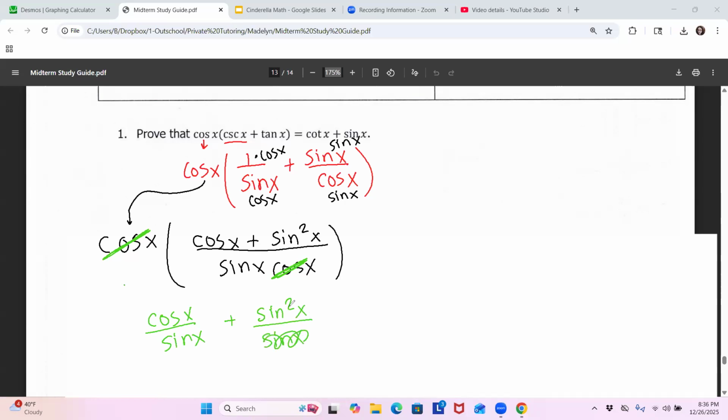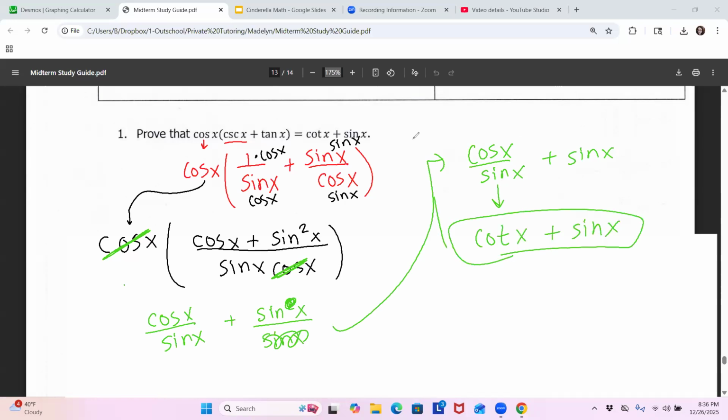But then this sine can cancel one of these. So we're left with cos x over sine x plus sine x. But cos over sine, this is another quotient that's cotan. And that has done it.